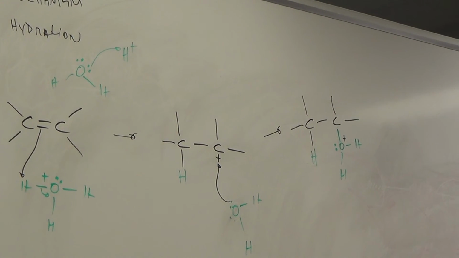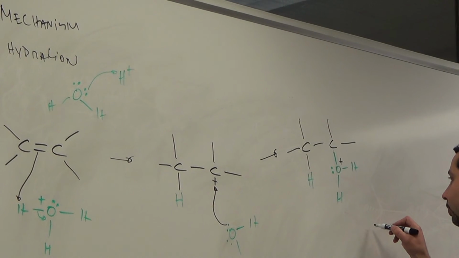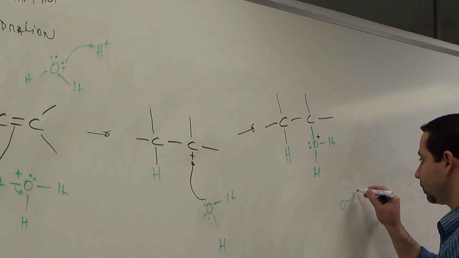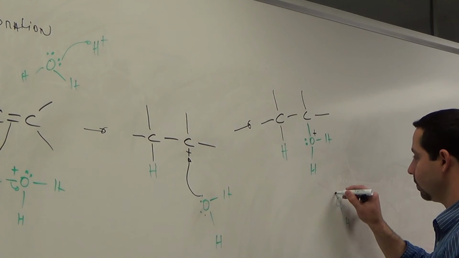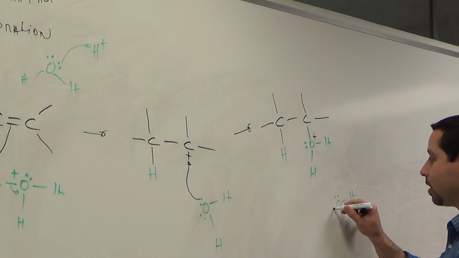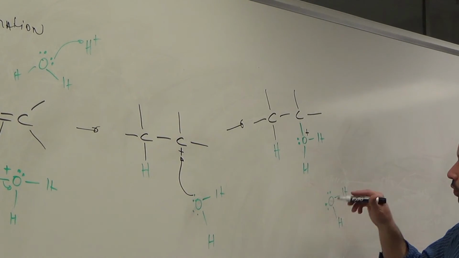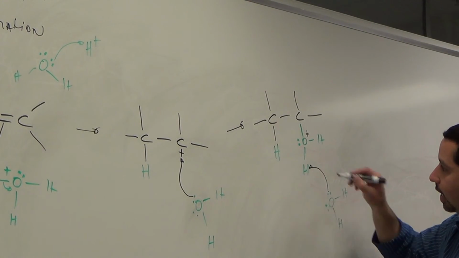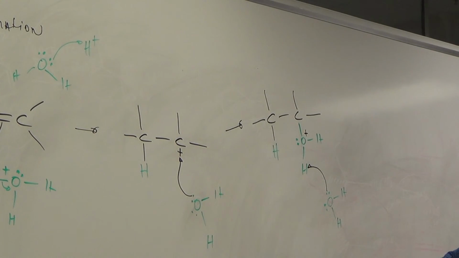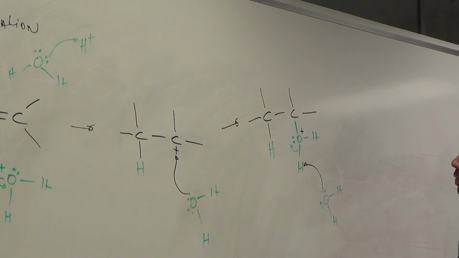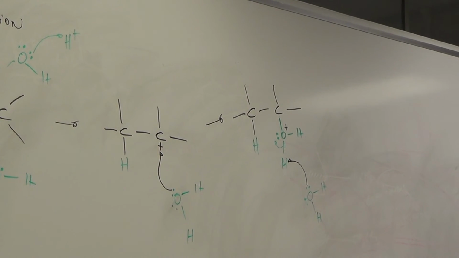So what happens is another water molecule, and you have to remember this. Another water molecule is going to attack the hydrogen, get this hydrogen and make H3O plus. This electron pair is going to go down to the oxygen.